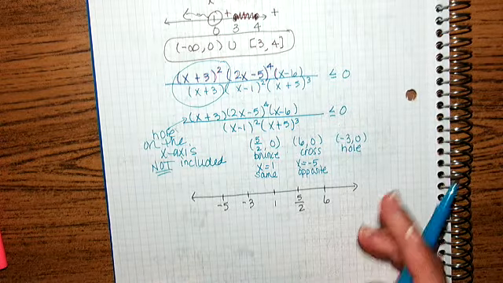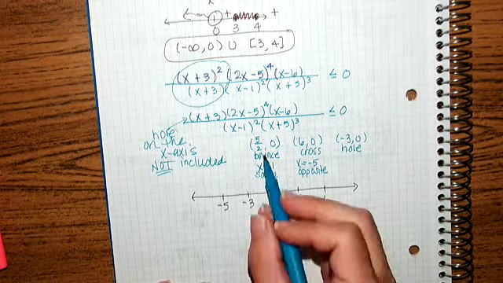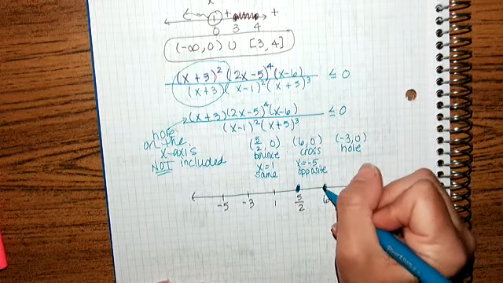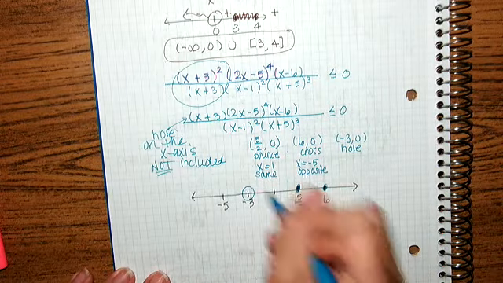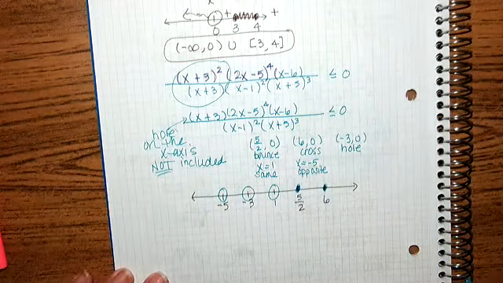Or equal to. So the x-intercepts are included. Those are closed circles. So 5 halves included, 6 included. Hole, not included, open. Asymptotes, not included, open.